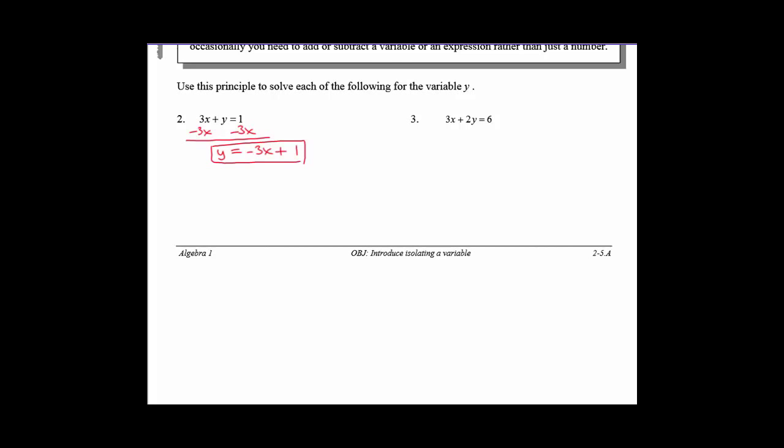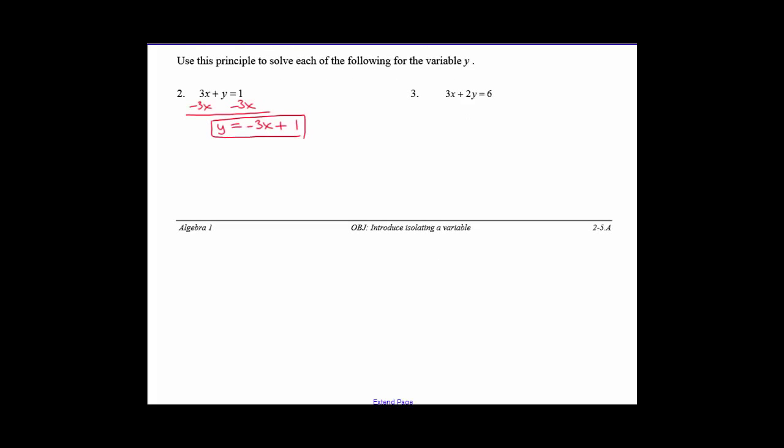In number 3, we still are trying to isolate the y, so there's two things to get rid of this time. We have to get rid of 3x, and we have to get rid of 2. So to get rid of 3x, we just need to subtract it. It's a positive 3x right now. And when we do that, we need to remember that 6 and 3x are not like terms, so we keep them separate. We have a negative 3x and a positive 6.